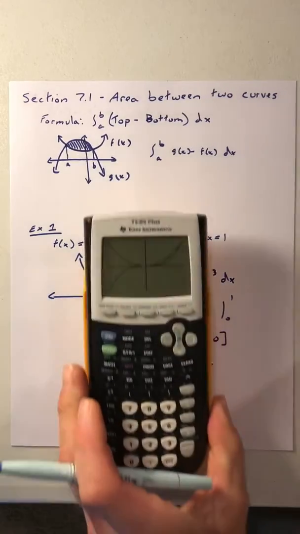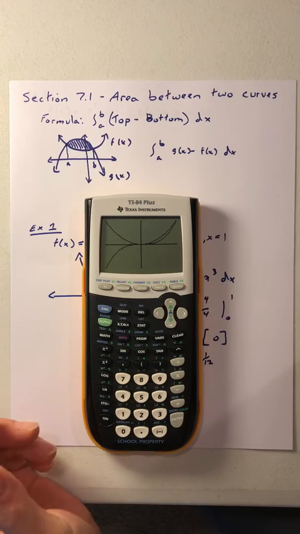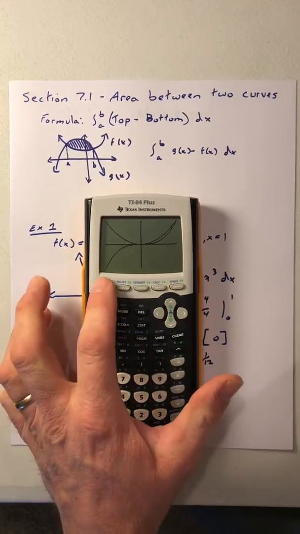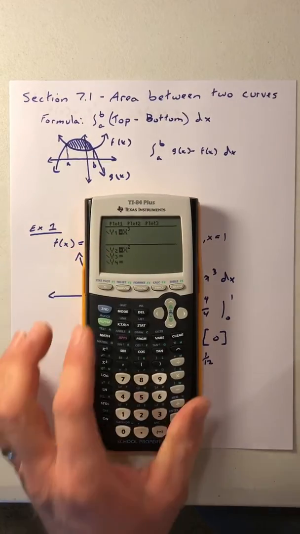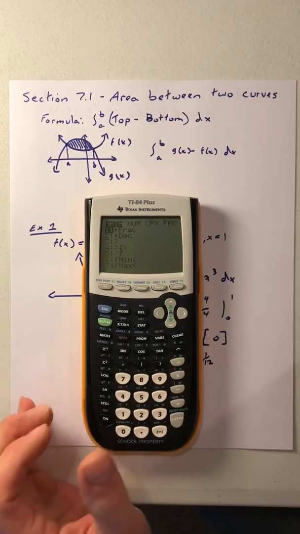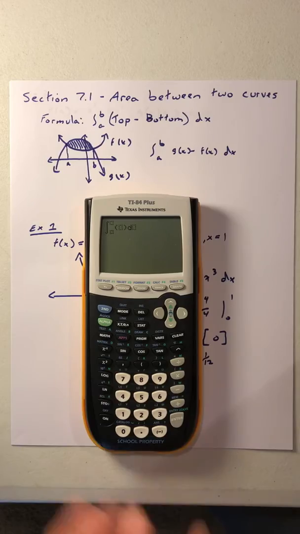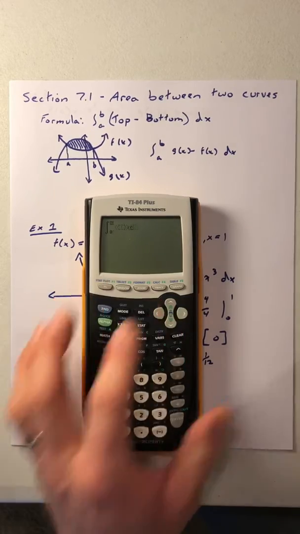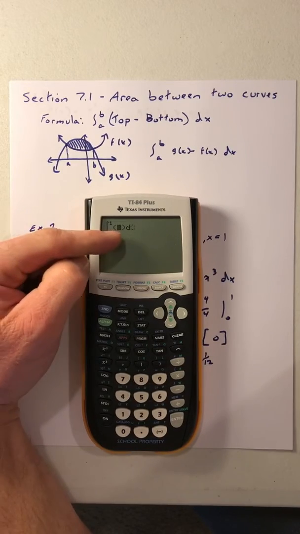Now in the calculator, we can do that as well, and we can find this integration. What are we going to do? Well, we've already got in our y equals, x to the third and x squared. So if we go back to our main screen, hit math, we're going to do a definite integration, so math 9. Our endpoints are 0 to 1, so our a value is 0, our b value is 1.